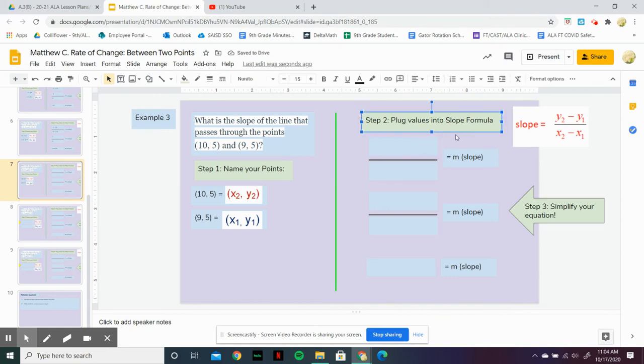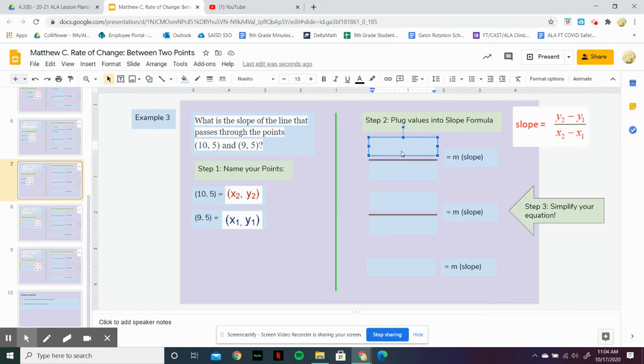Step 2 is to plug the values for my points into the slope formula. So I'm going to do y2 minus y1, and y2 is 5, minus y1, which is also 5. Then I'm going to divide that by x2 minus x1. Well, x2 was 10, minus x1, which was 9.